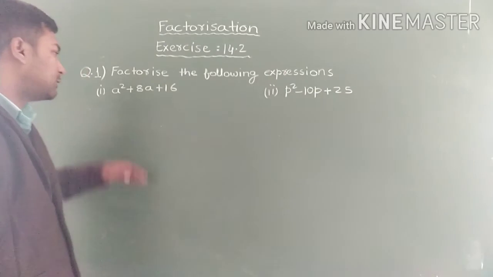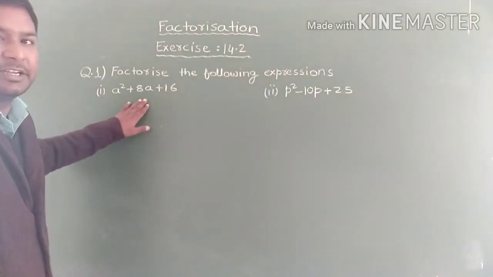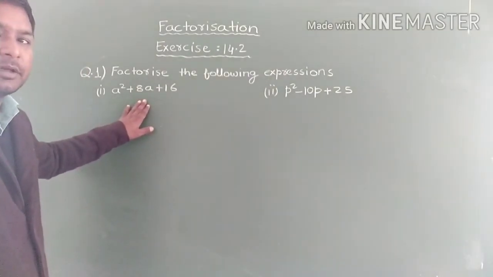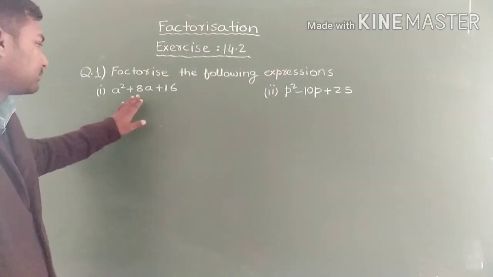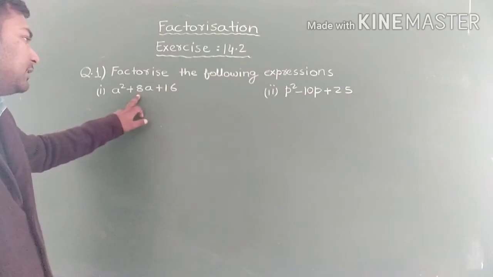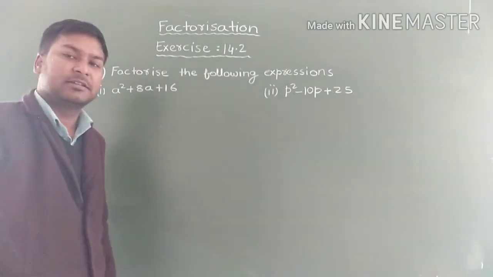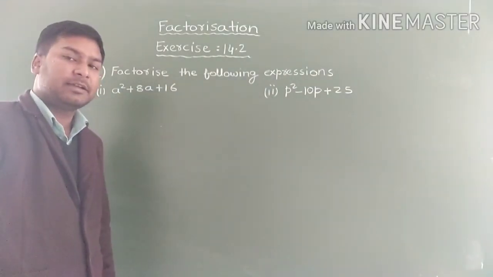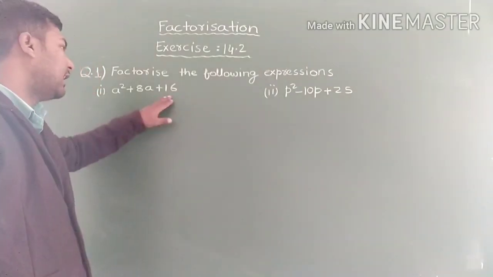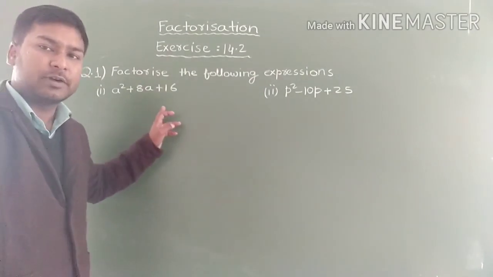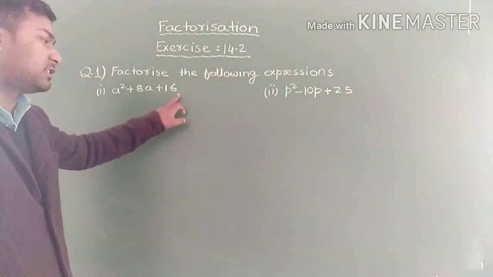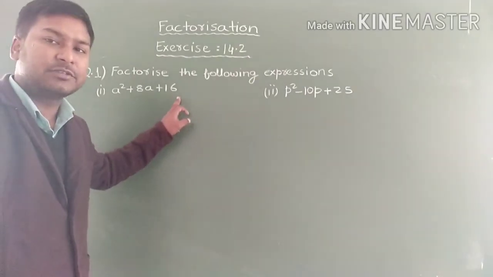We have to split the middle term, that is 8a. As we have earlier discussed in the introduction part, we have to split 8 into two parts that on multiplication will be 16 and on addition or subtraction will be 8. So how to find? Simply, 16 is given here, just find the factors of 16.